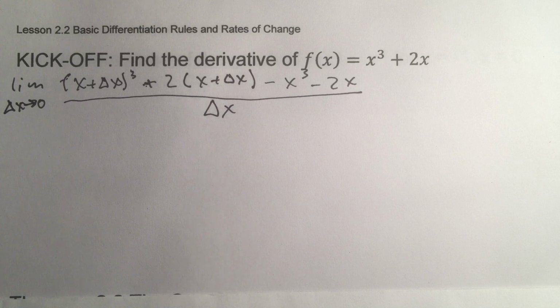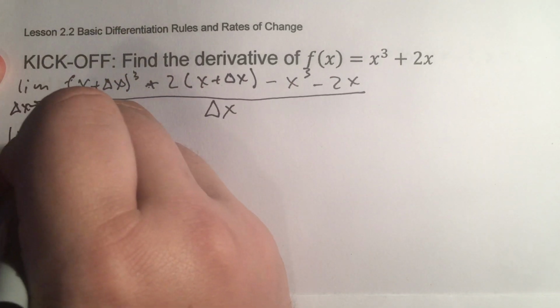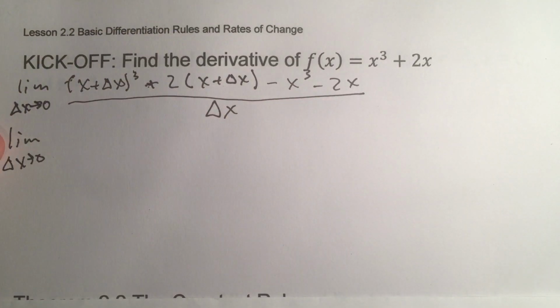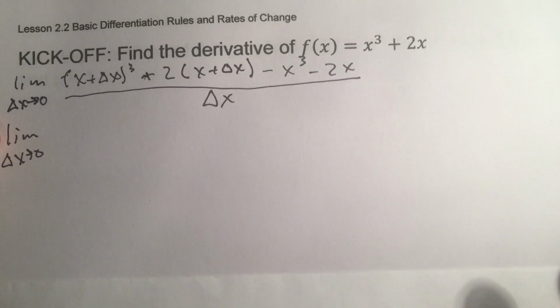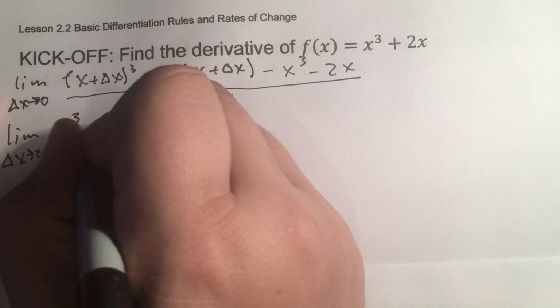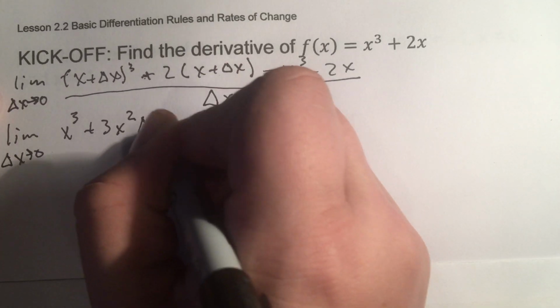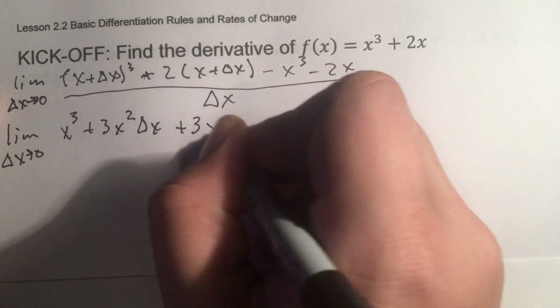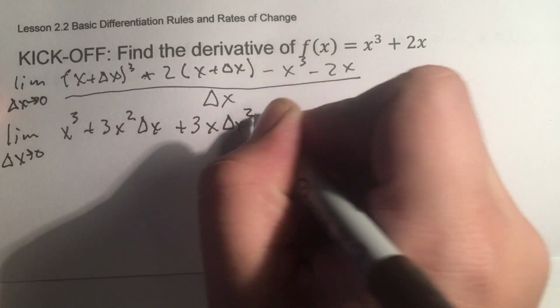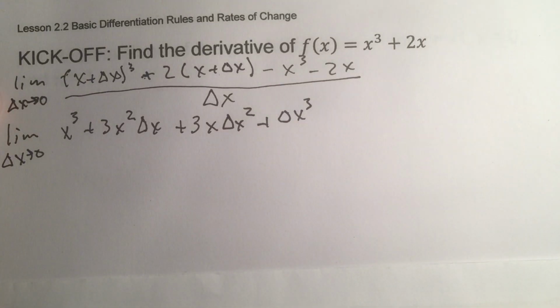Now this first one, you would FOIL it out, and I'm going to take the shortcut here because we have a little bit of space. So this is x to the third plus 3x squared change of x plus 3x change of x squared plus change of x cubed.